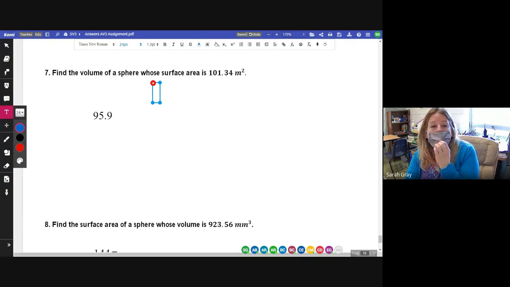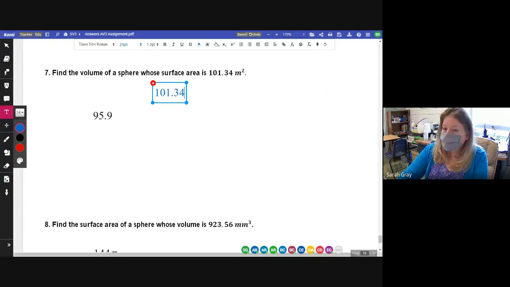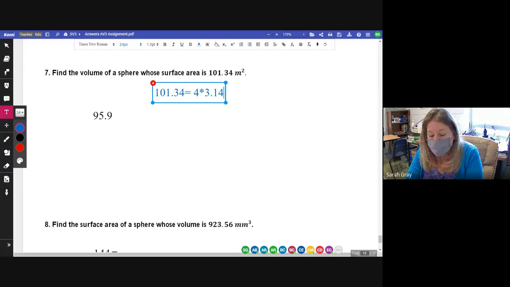All right, I'm going to type these because there's a lot of numbers. We're trying to find the volume of a sphere whose surface area is this. So we're going to start with the surface area equation, which is 4 times pi times radius squared. Right, 4 pi r squared. And then I'm going to work that out to solve it for r.